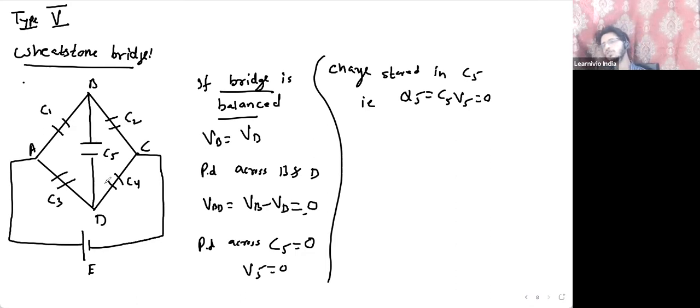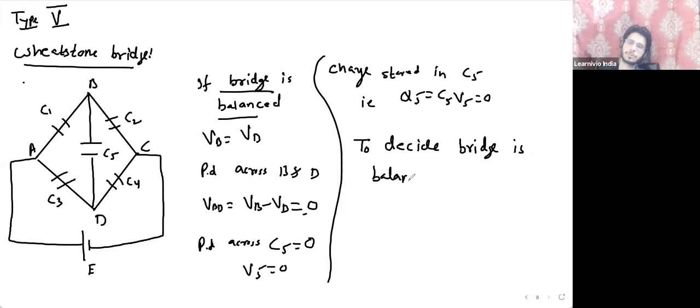But the question is, how can you decide whether B and D will have same potential? Because in circuits it's not given that B and D are at same potential. So to decide whether the bridge is balanced or not, we use the balancing condition.